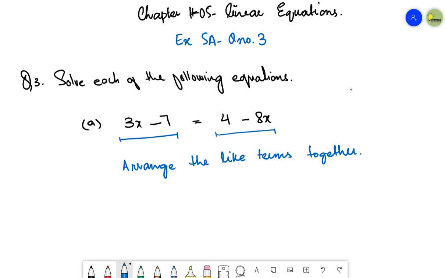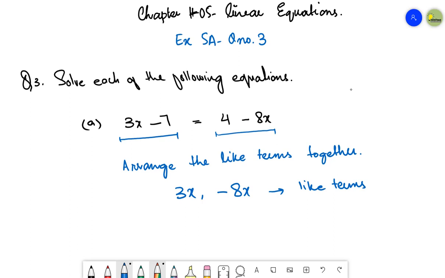Let's suppose I talk about 3x and minus 8x. They are on opposite sides, but these are your like terms. These can be solved together. We know that like terms can be solved together. 3x is on the left hand side and minus 8x is on the right hand side.